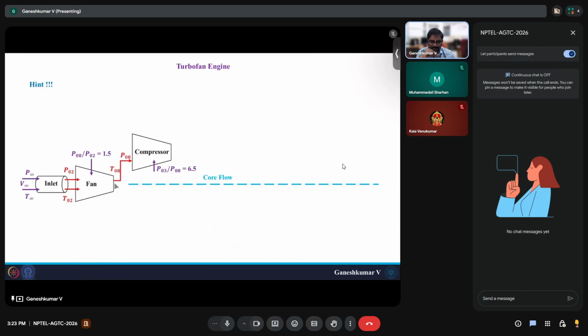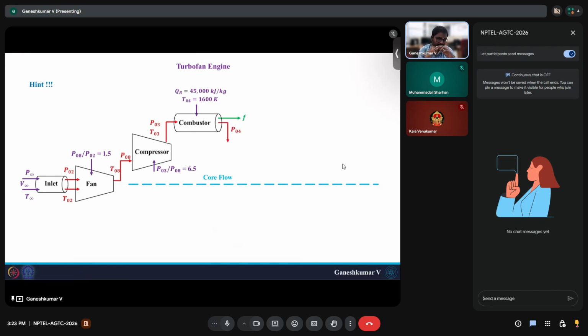After the fan, some amount of the mass flow rate enters the compressor. The fan exit is P08 and T08, the compressor pressure ratio is 6.5, and the exit of the compressor is P03 and T03, and it goes through the combustor. We add fuel, and we know the turbine entry temperature T04. Based on that, we will find the fuel flow rate, and also if we have pressure losses, we will include that.